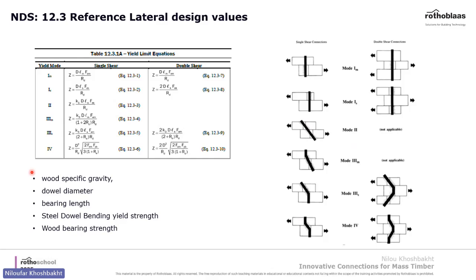Basically the shear capacity of a screw comes down to the wood specific gravity, the dowel diameter, bearing length, and also the steel yielding strength and wood bearing strength. And here's Fyb, as you see, the wood bearing strength.